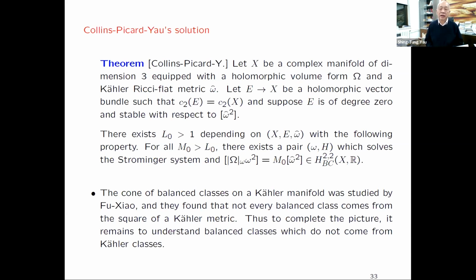So the balanced cone becomes an interesting invariant for a Kähler manifold. Even though it is a Kähler manifold, the balanced class could be larger. Therefore, we need to generalize this theorem that I did with Tristan Collins and Picard to a more general situation. So this is still an interesting question to do.